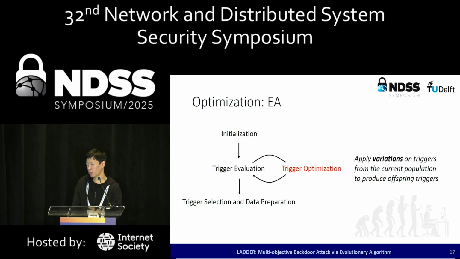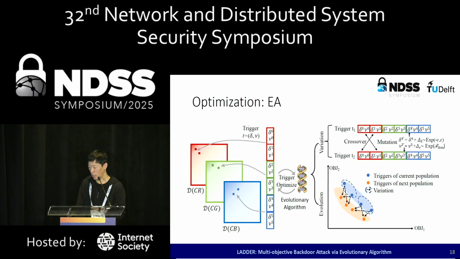Then the evolutionary algorithm repeatedly applies variation to triggers from the current population to produce offspring triggers, hopefully of better quality. Just to add some more details, for each trigger, we encode it as the magnitude of perturbations in the spectrum, as well as the frequency band, I mean the location where you insert the trigger perturbations.